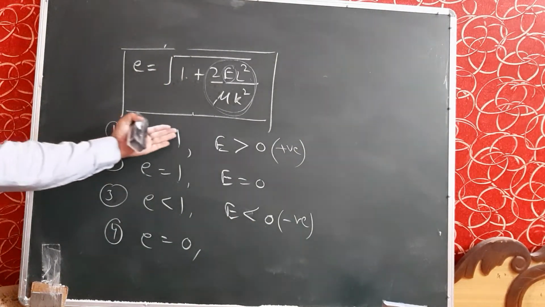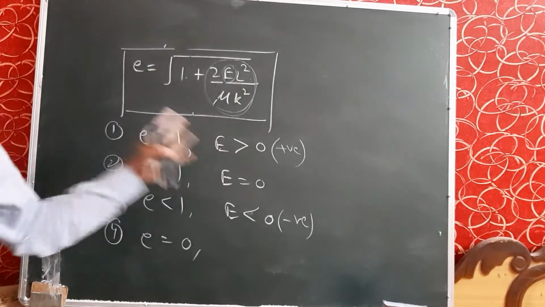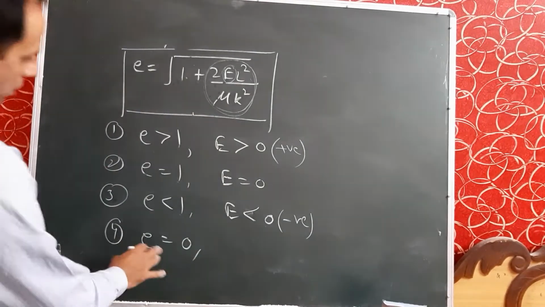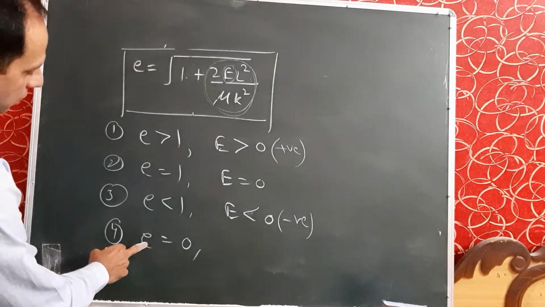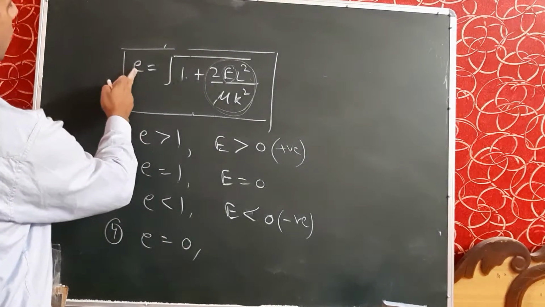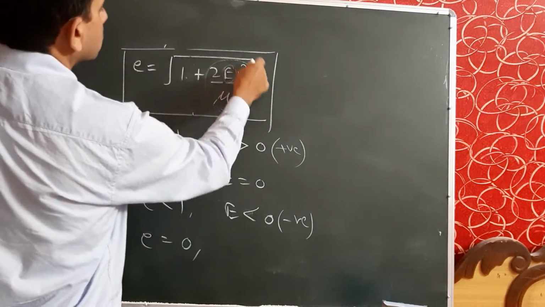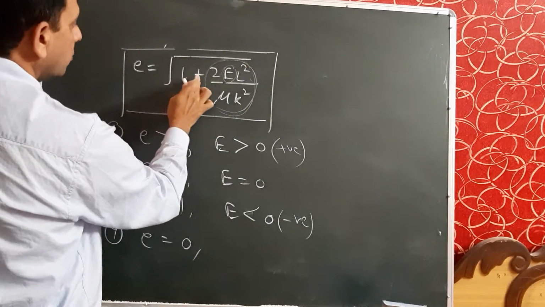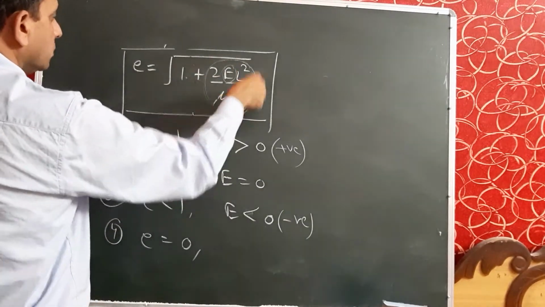And at last, at what condition does e become 0? Small e becomes 0 if this term is minus 1, because 1 minus 1 is 0, and the whole term is 0.